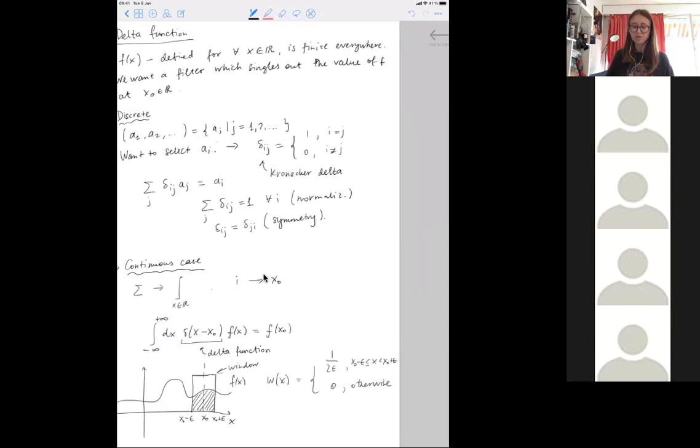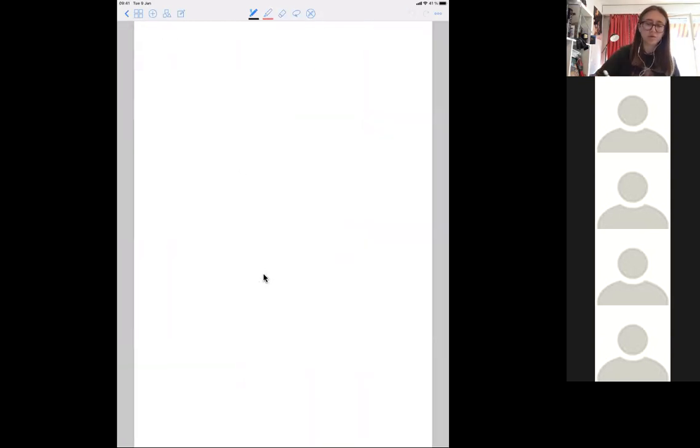Now we want to look at what happens if we integrate f of x together with w of x dx. The non-zero domain of w of x is only from x0 minus epsilon to x0 plus epsilon.